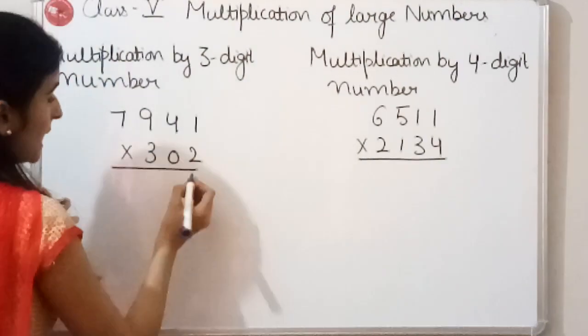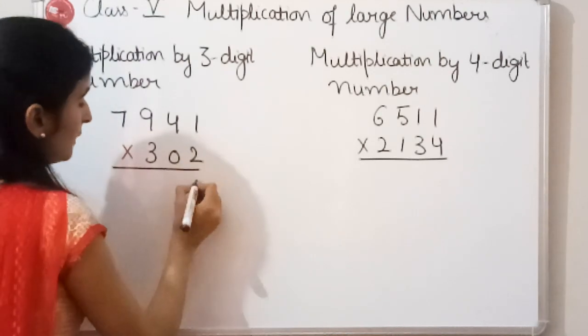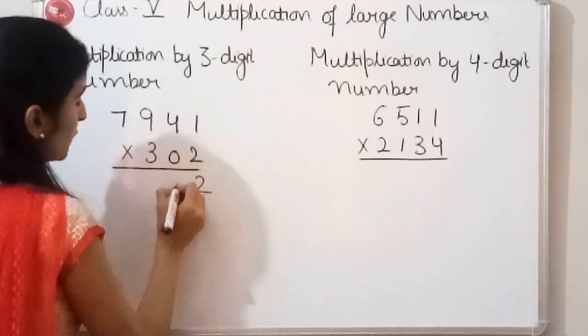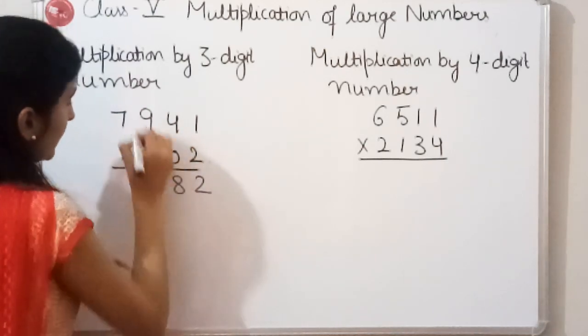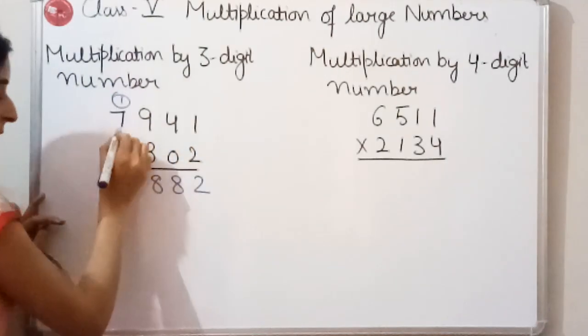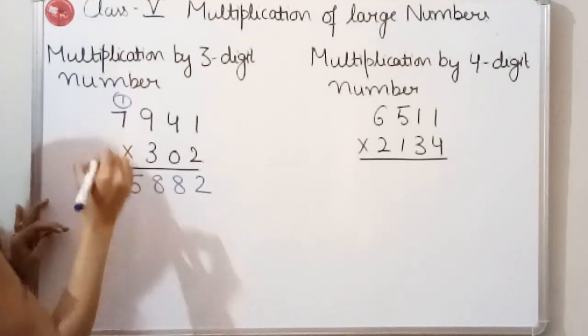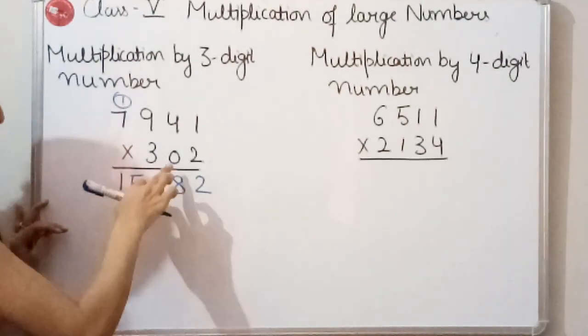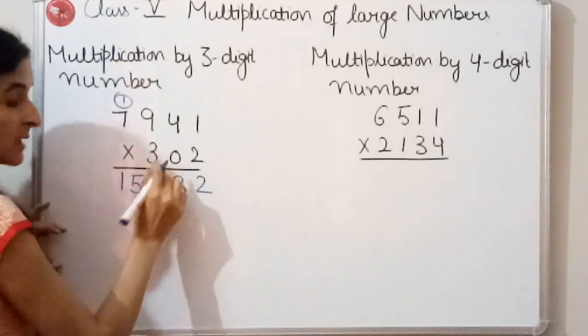So let us start. Firstly we will start multiplying from the 2. 2 ones are 2, 2 fours are 8, 2 nines are 18, 1 carry, 2 sevens are 14, 14 plus 1 is 15.